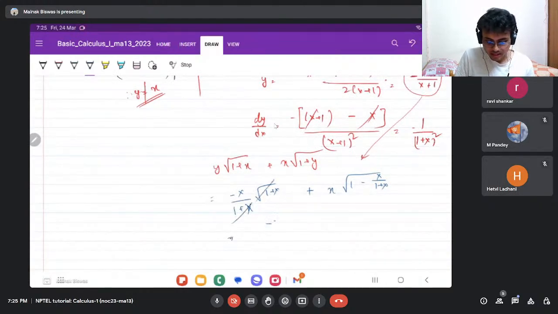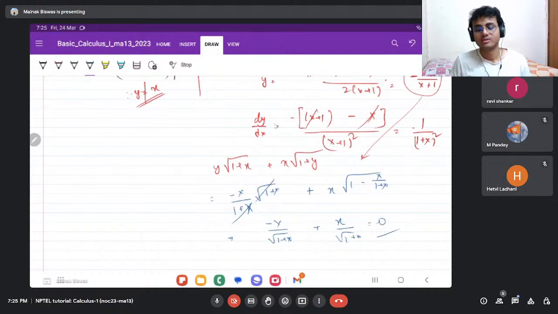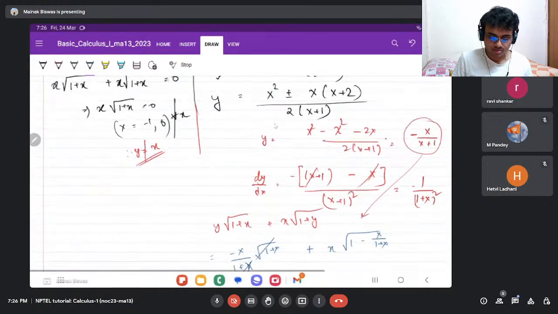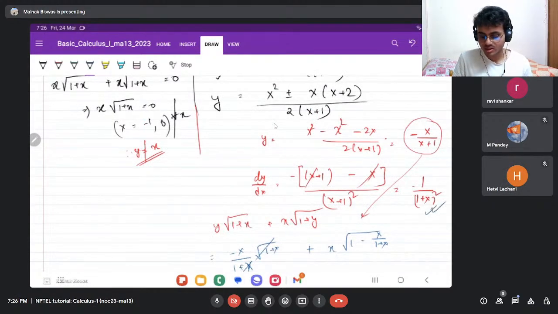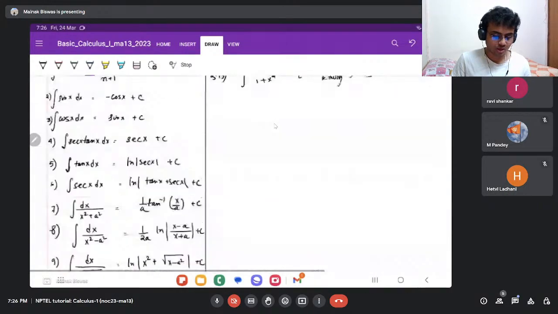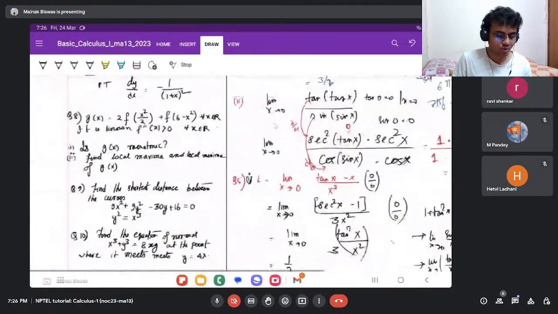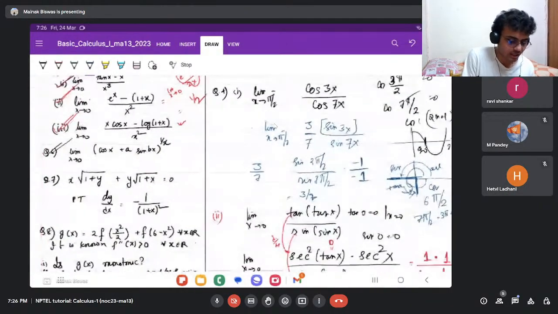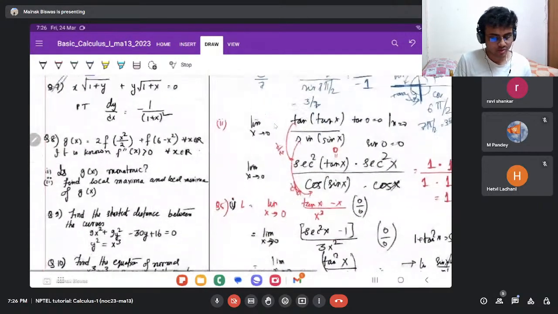Which is minus x by root over 1 plus x plus x by root over 1 plus x. True for all x? Yes, sir. So this is your solution of y and this is your dy dx. Until and unless you get this thing, you would not be able to get the answer very quickly. You would have to solve a long question.